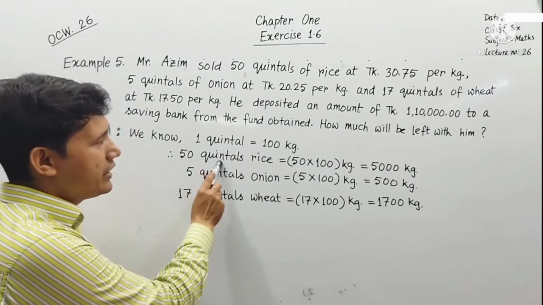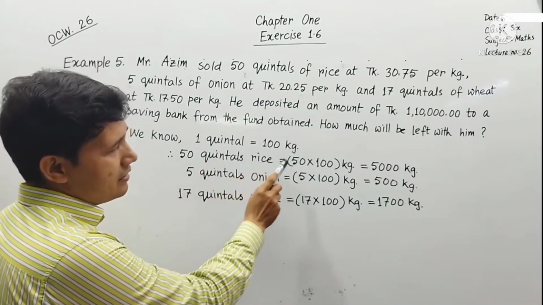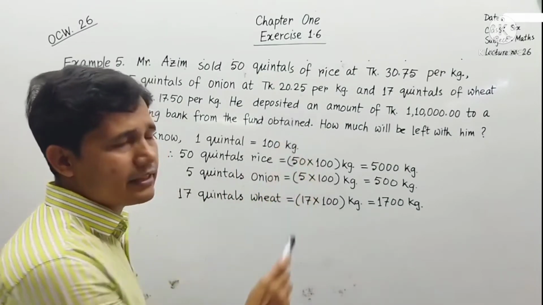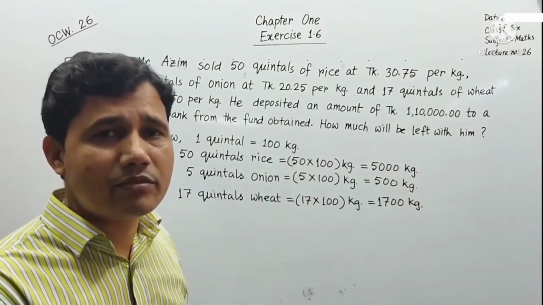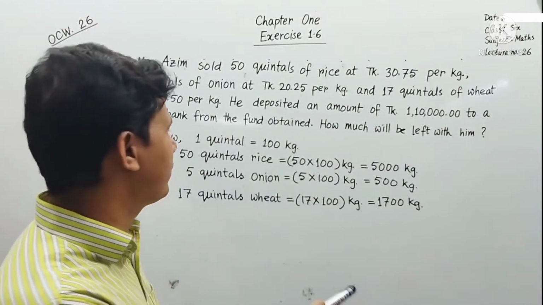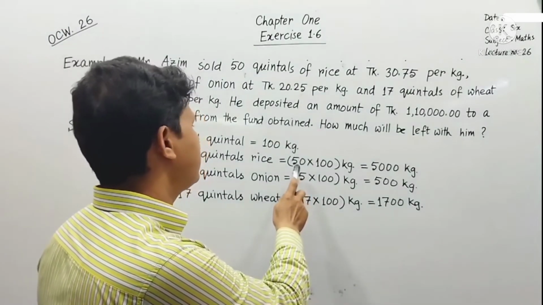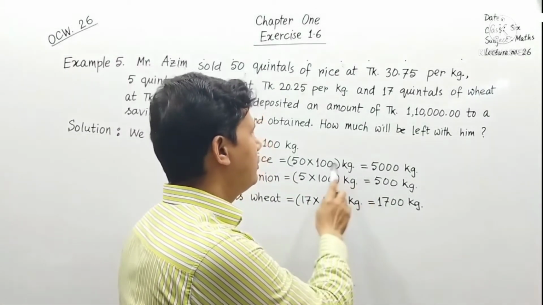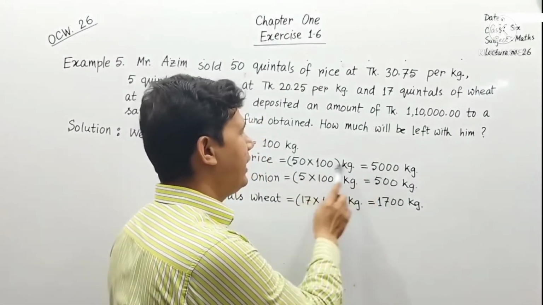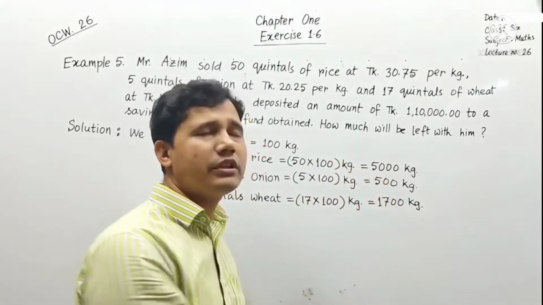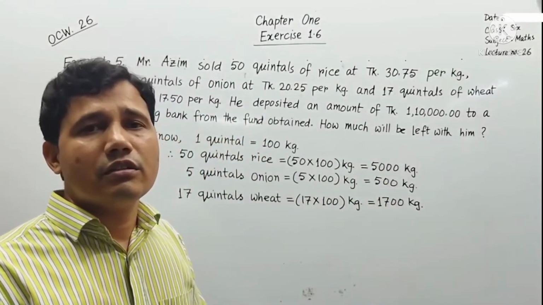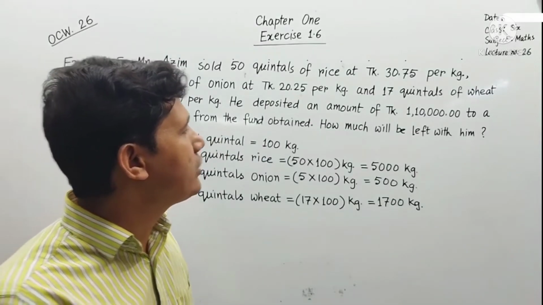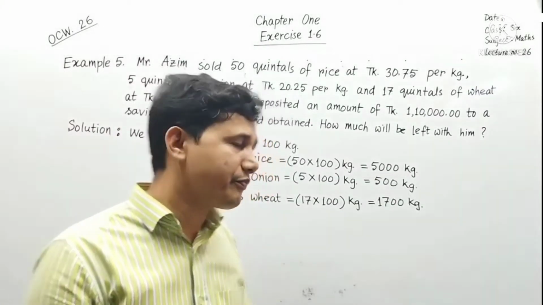So 50 quintals of rice will be 50 into 100 kg. Since here is 50 quintals, 5 times 1 is 5 and you will put 3 zeros on the right side for finding the product. Then it will be 5,000 kg.